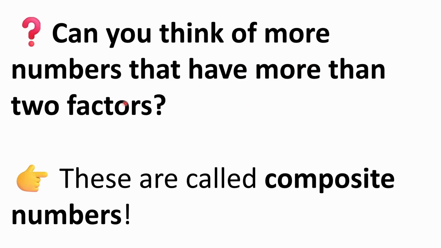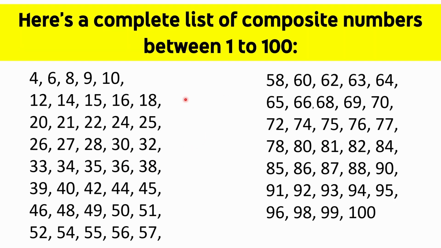Now, can you think of more numbers that have more than 2 factors? Because these are called composite numbers. Now let's check your answer. Here's a complete list of composite numbers between 1 to 100.